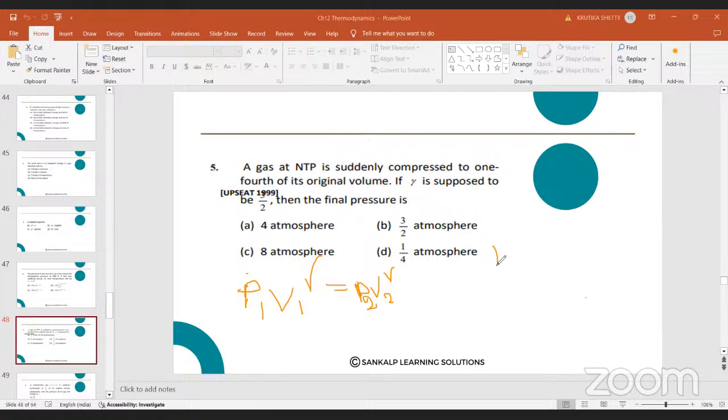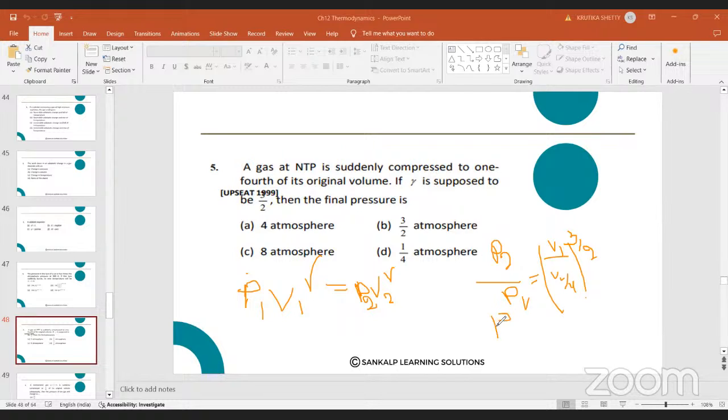So simplify, students. P2 divided by P1 is equal to V1 divided by V1 by 4, to the power of gamma, which is 3 divided by 2.